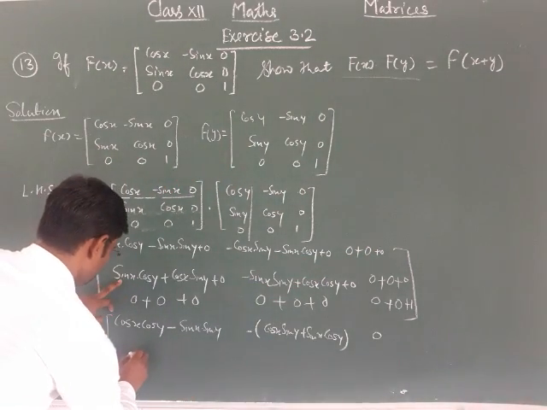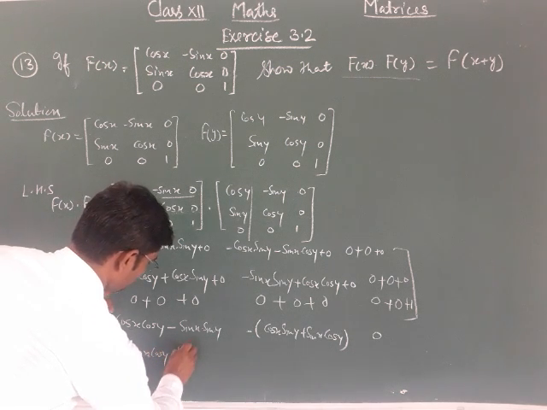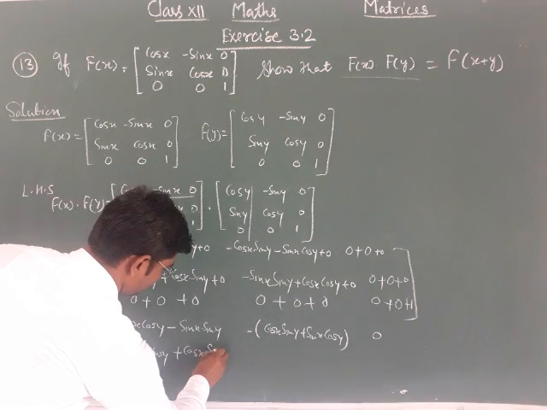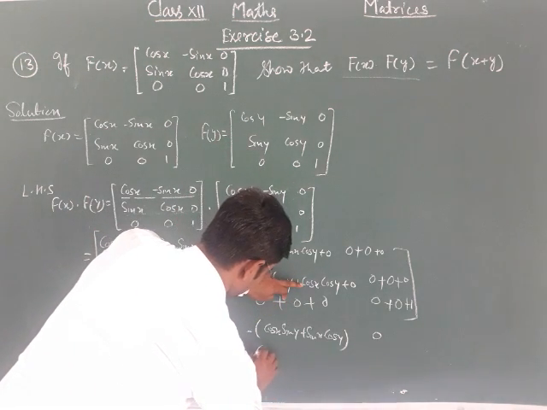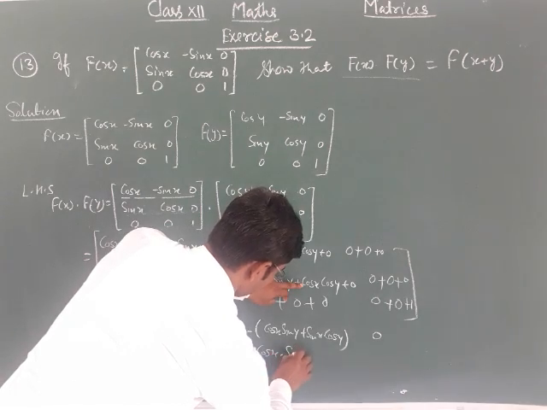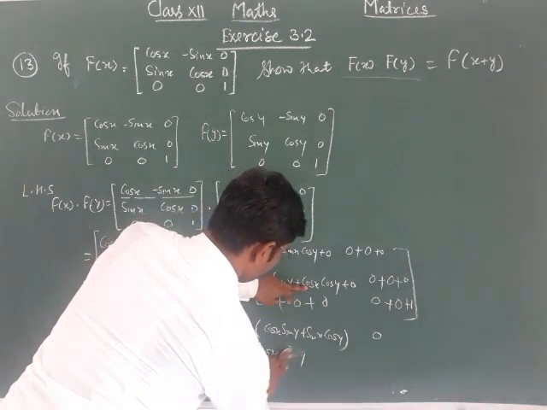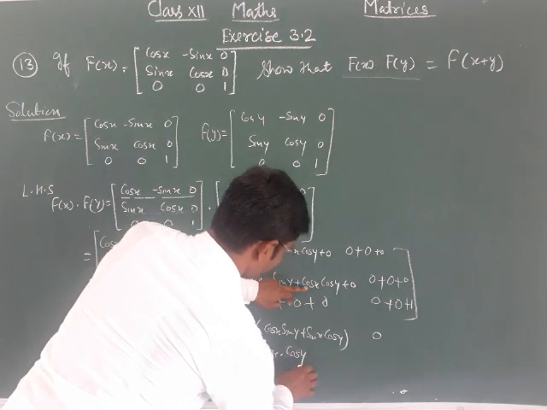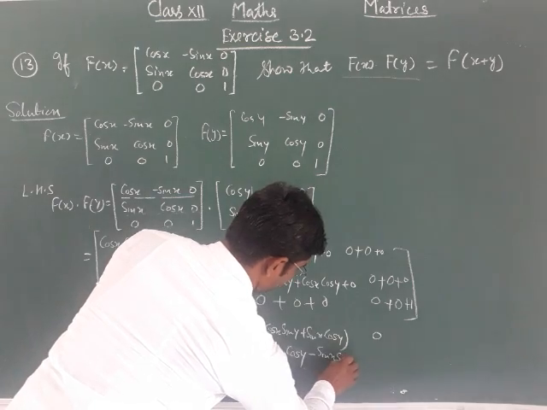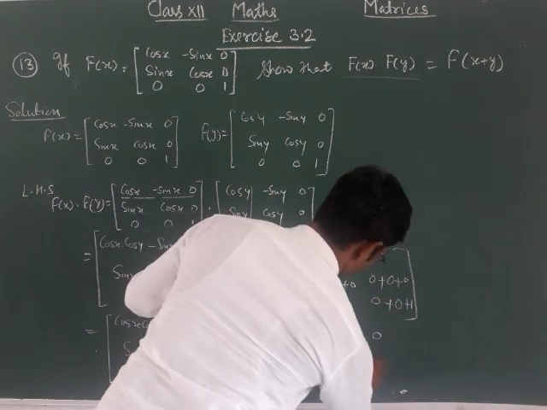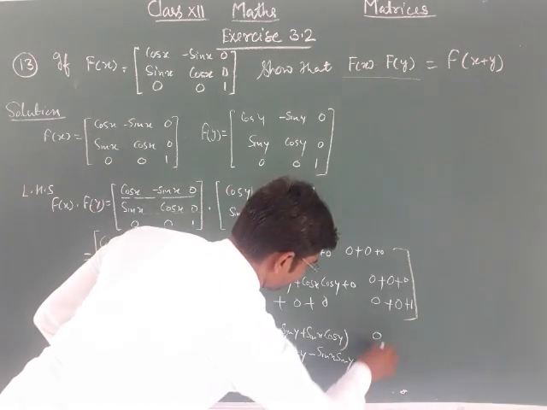Also sin x cos y plus cos x sin y, and this is cos x cos y minus sin x sin y, and this is 0. Also 0, 0, 1.